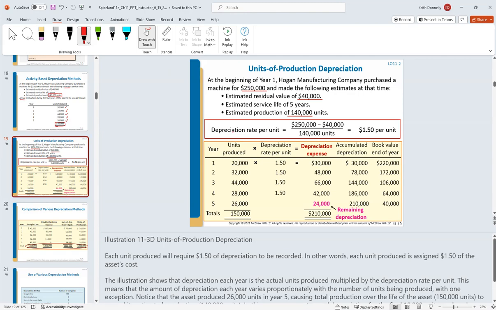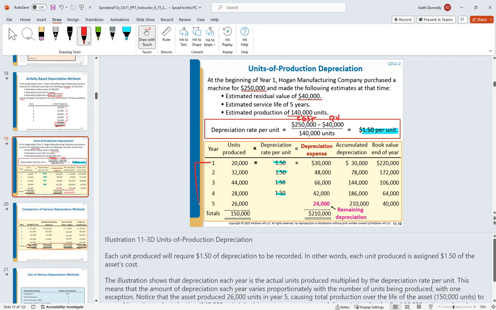We figure out the depreciation per unit: cost of 250 minus residual value, over 140,000 muffins. That gives us $1.50 per muffin, which is where we get this $1.50.